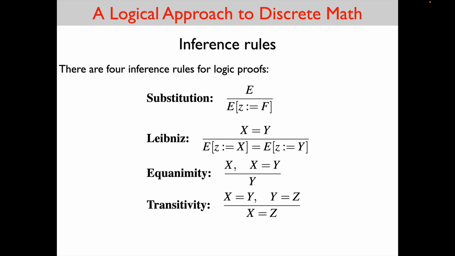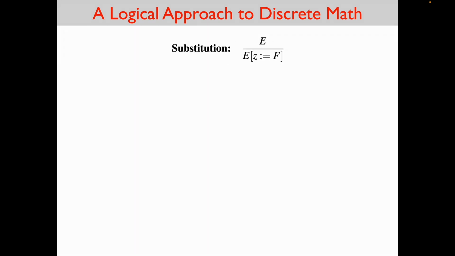What we're going to do now is I'm going to give you an example for the substitution rule, and we will show you how the other rules work in later lectures. Okay, so here's our substitution example.